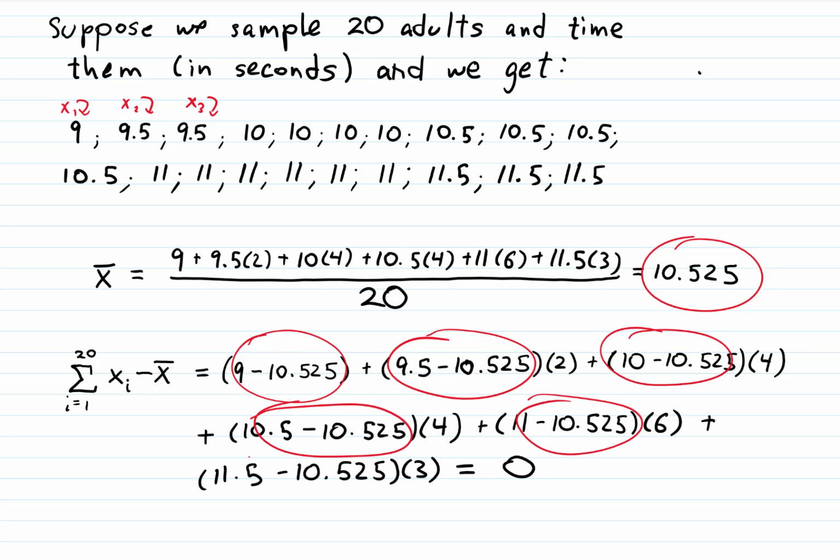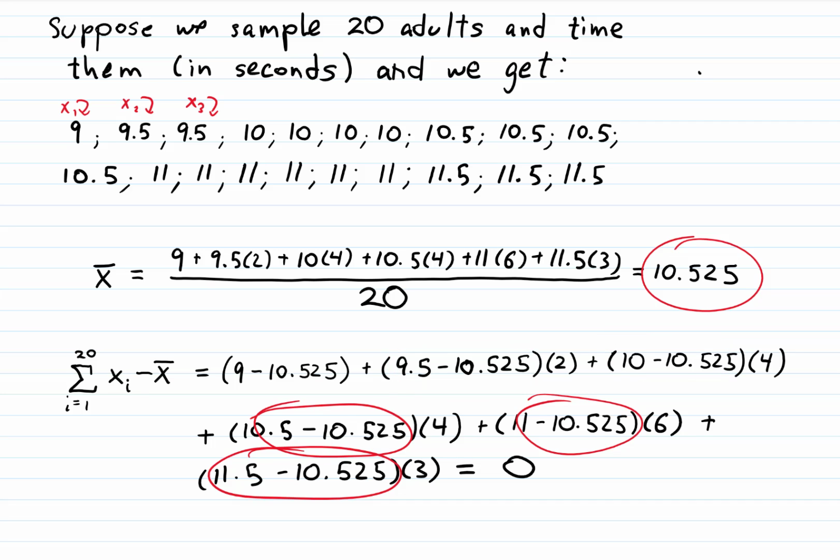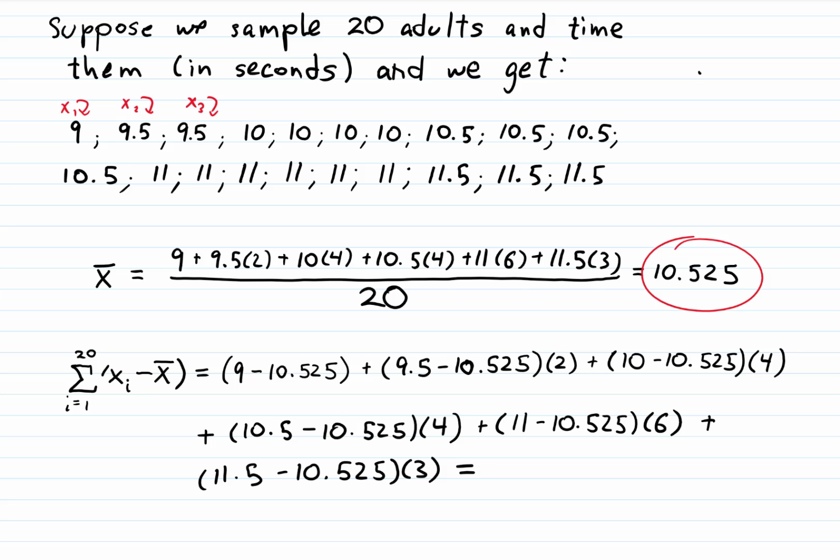And the problem is that if you add up all the deviations, they will cancel out every single time and give you a sum of 0. So instead of adding up the deviations, what we do is we add up the deviations squared. And what that does is makes everything positive, so the different ones can't cancel each other out.